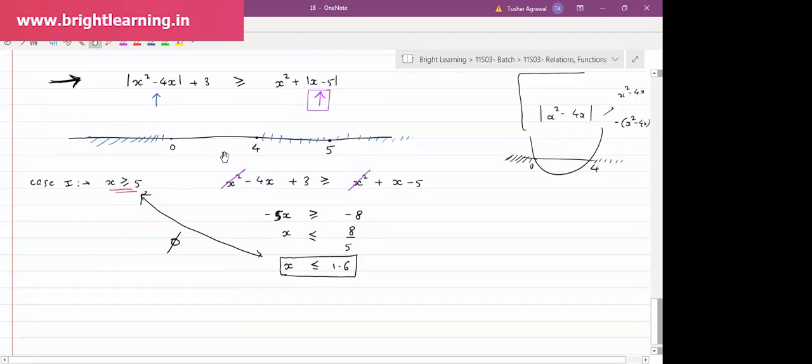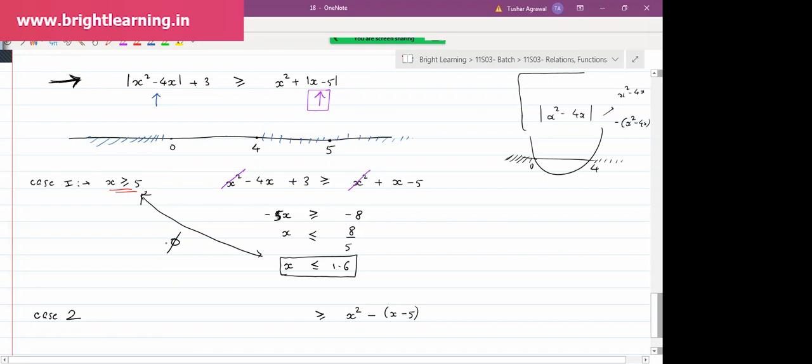So now if x is less than 5, the LHS I don't have to worry about now. Sorry, the RHS. The RHS is now definitely x square plus modulus of x minus 5. Modulus of x minus 5 is minus of x minus 5. Now my RHS is fixed. Now I only have to worry about my LHS.